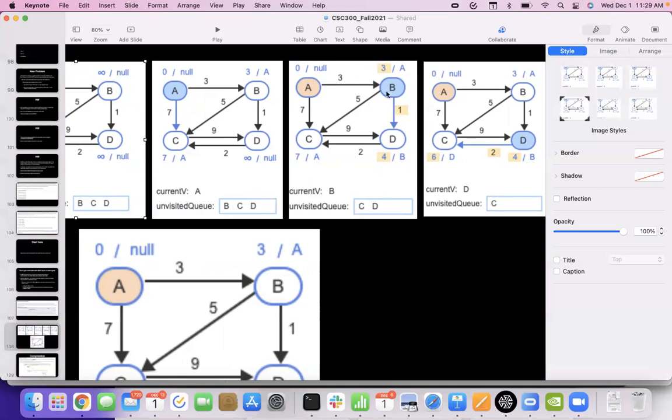All right, so from B, we can only go to C or we can go to D. It doesn't matter which order we do these in. So I'm going to go ahead and go from B to C.